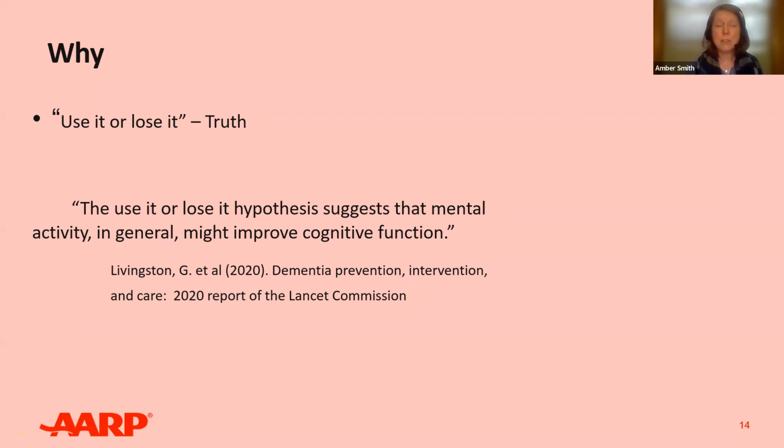If you have a job you love and it's keeping you mentally active, one option is keep your job. However, another option is to do some retirement planning around how am I going to keep mentally active so those changes don't affect me. So there is evidence around this use it or lose it idea, and that we can do things to keep ourselves sharp. Next slide.